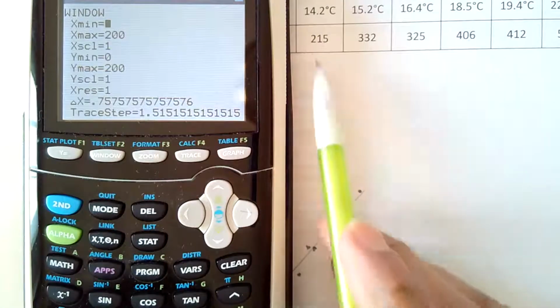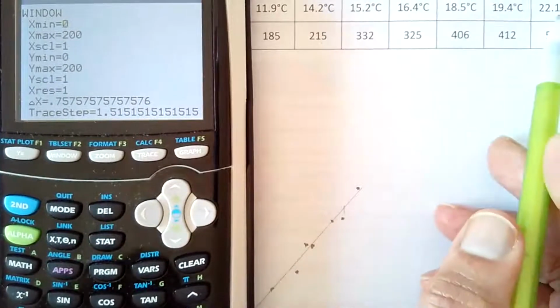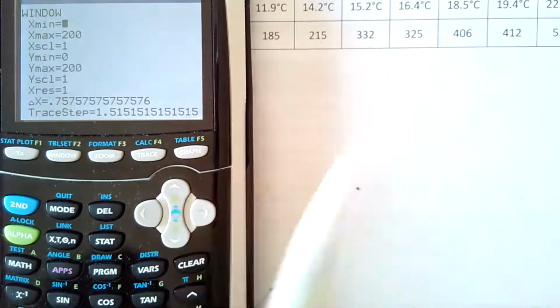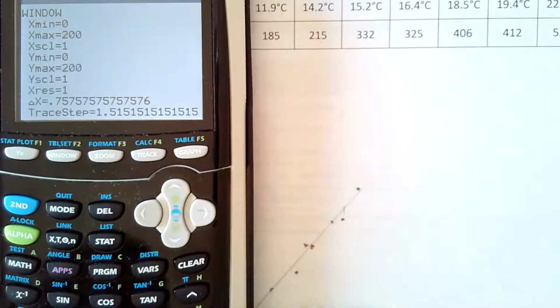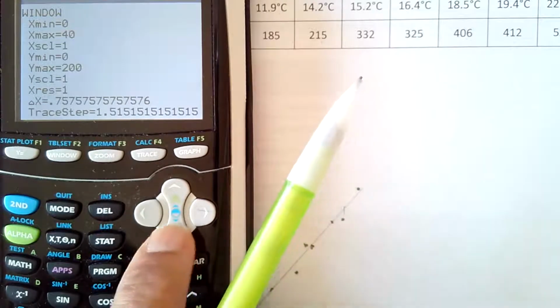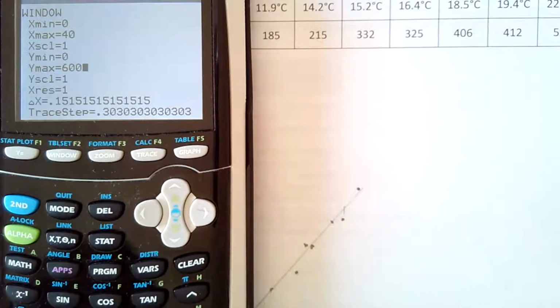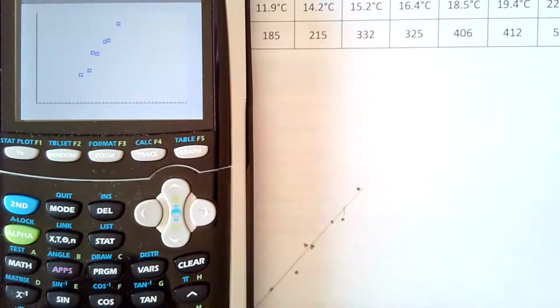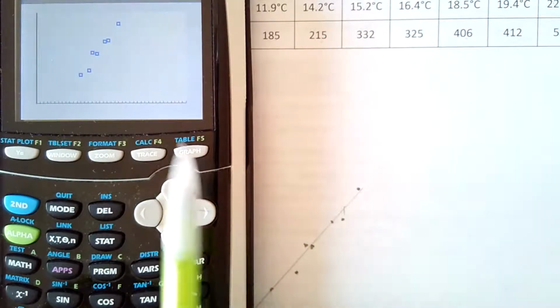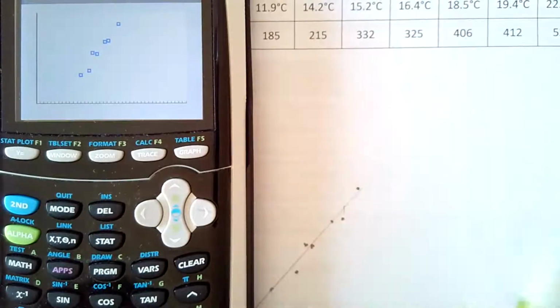My X scale here is from 0 to a maximum of 22. In our scale we had it at 40, so we put 40. And your Y maximum, we have 600. Put that in and now we have a graph. There is our set of points. So your window is very critical to set, and your window is based on your given data.